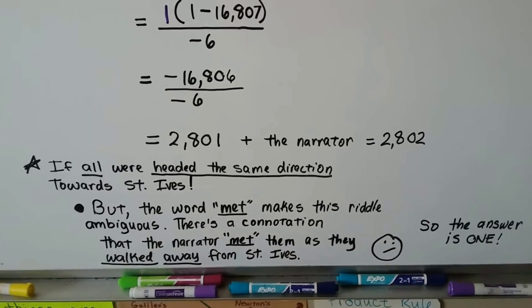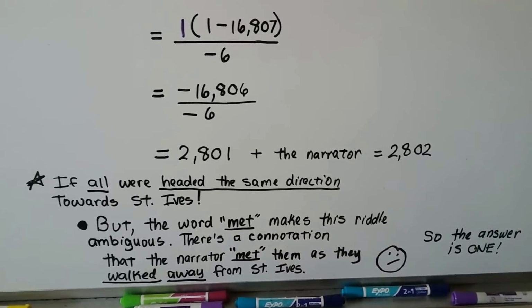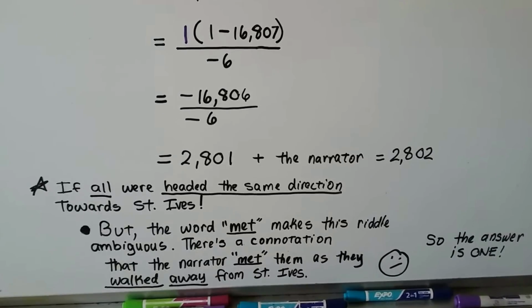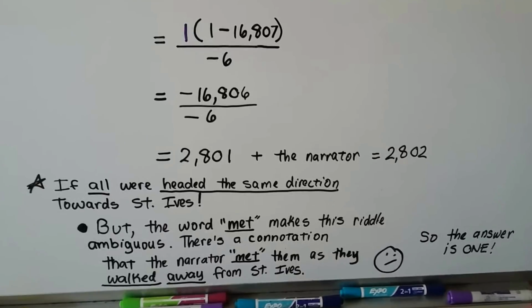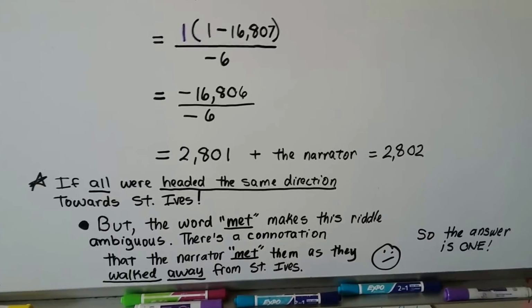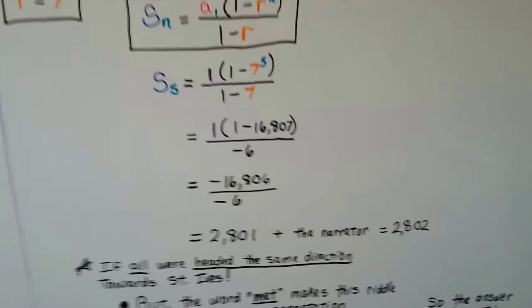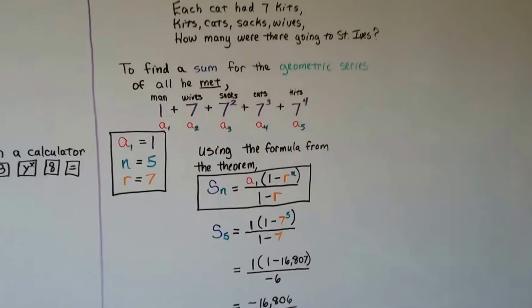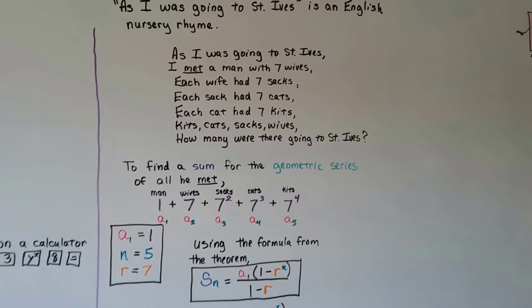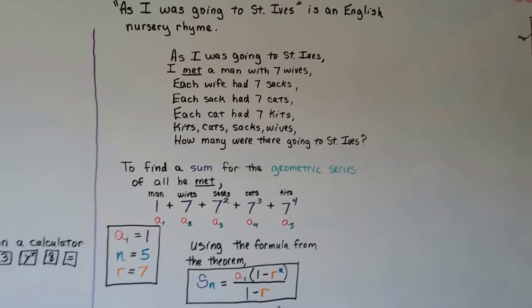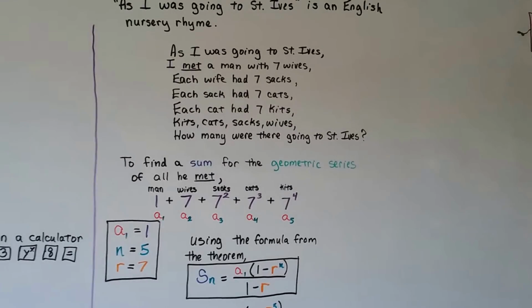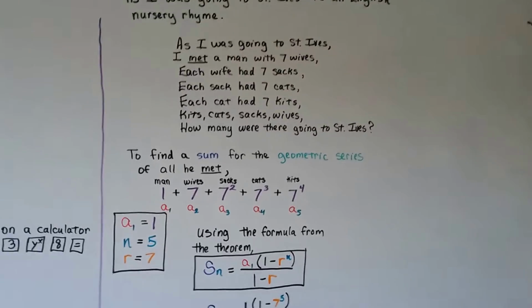So the answer really is 1. He was going to St Ives. These people were heading towards him, and he met them. It doesn't say anything about them walking up beside him and meeting him. So if your teacher ever asks you about this riddle, you know the answer is supposed to be 1, okay? But it is a geometric series to figure it out, okay?